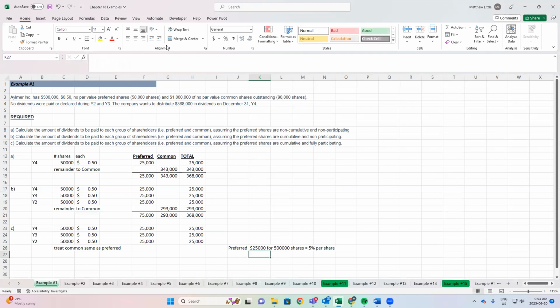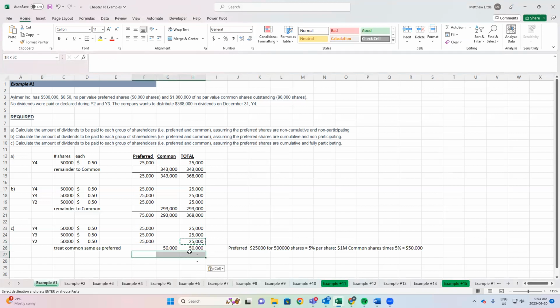So if we have $1 million in common shares times 5%, that would equal $50,000 owed to the common shareholders. That's to get them up to the same spot. But then we still have a balance.